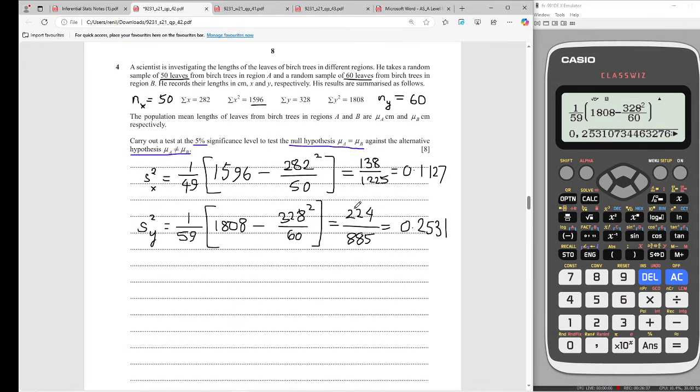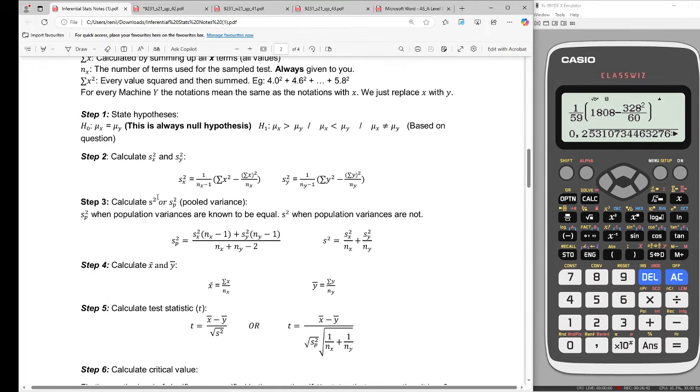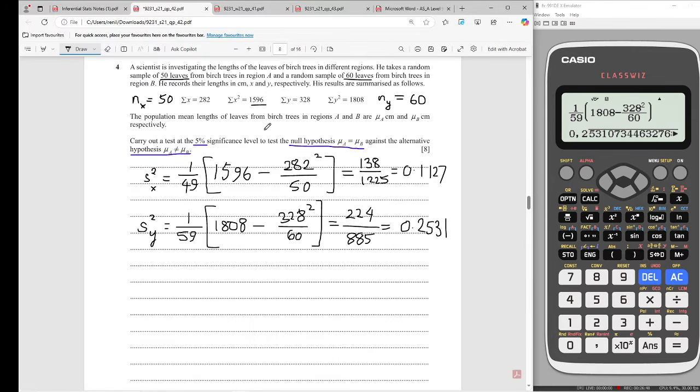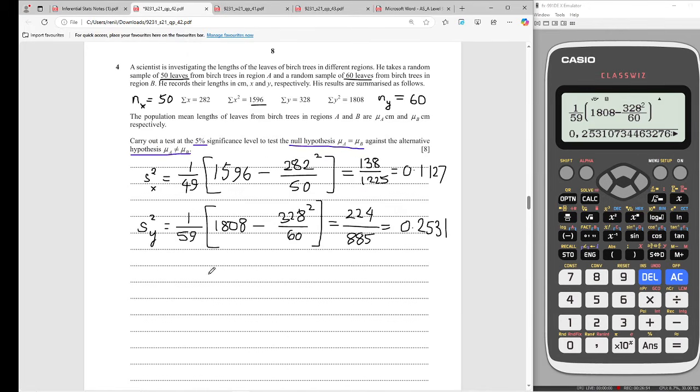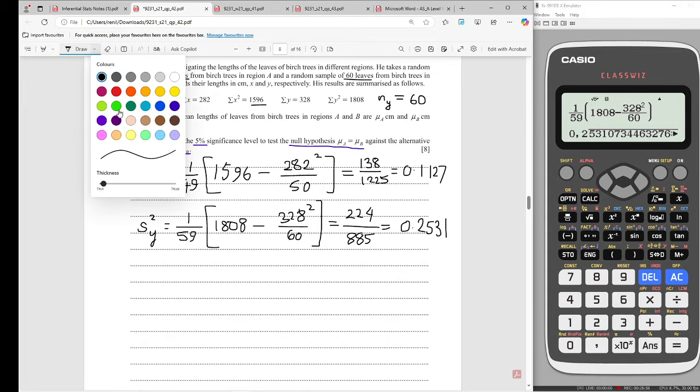Now it doesn't state anywhere that the population variances are equal, right? Because the next step is to calculate S2 or S2p. So we use S2 this time, and the reason for that is that it doesn't state anywhere that the population variances are equal. So we don't use S2p, we use S2.